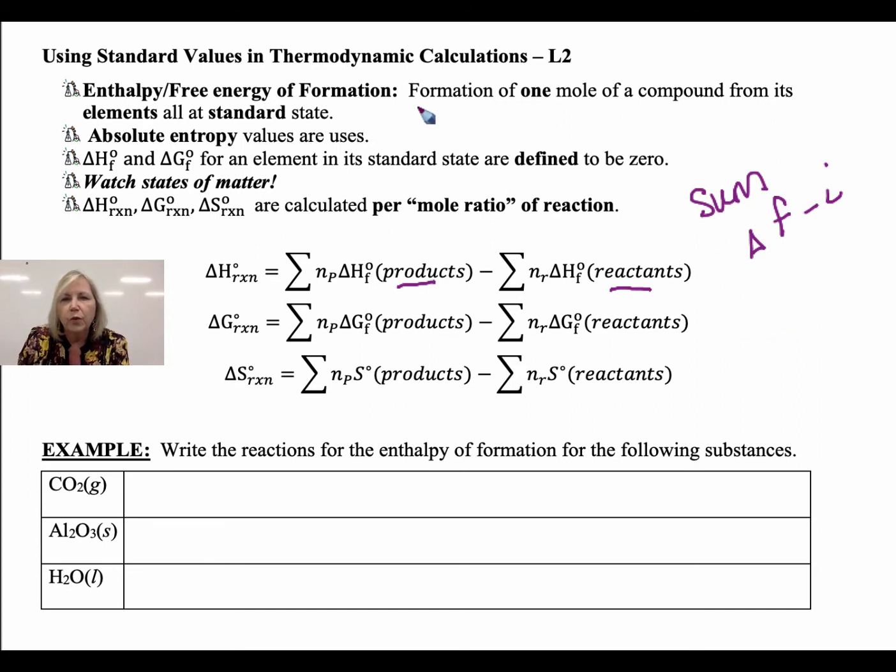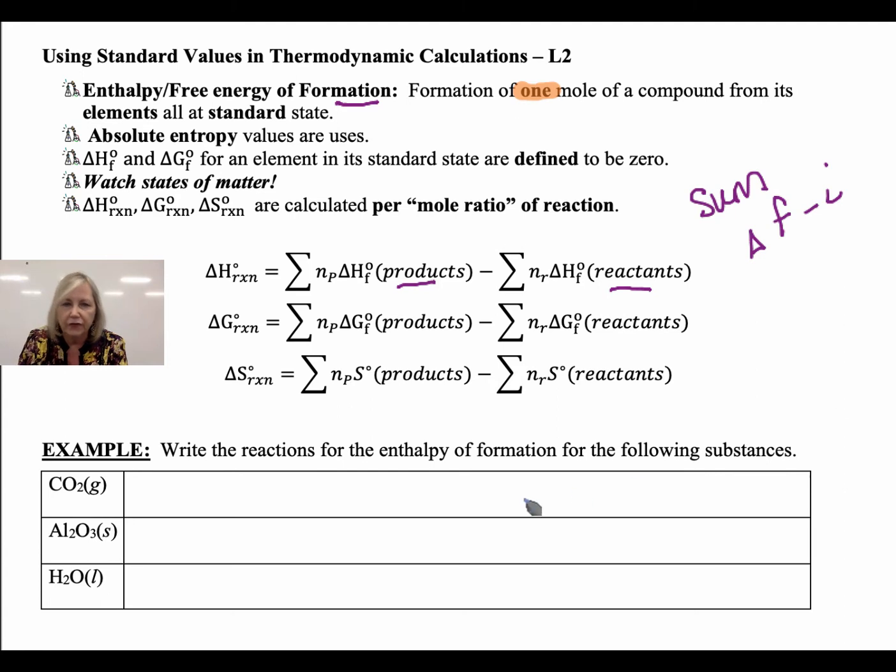All right, so what we're going to be using for enthalpy and free energy are enthalpy and free energy of formation. This is a specific definition of a type of synthesis, and it's got three requirements that must be met in order for it to be considered a formation reaction. The first is we are going to form 1 mole of a compound.